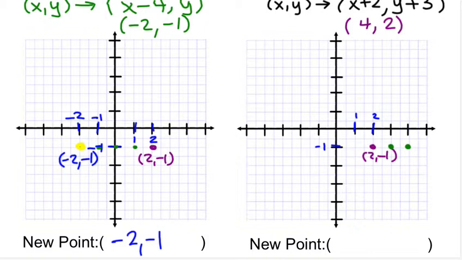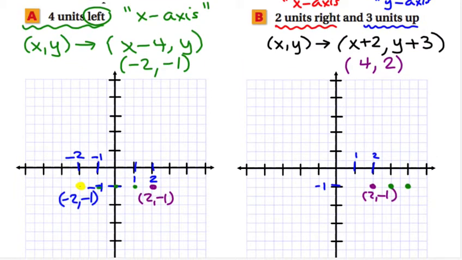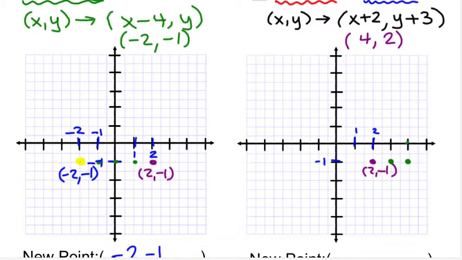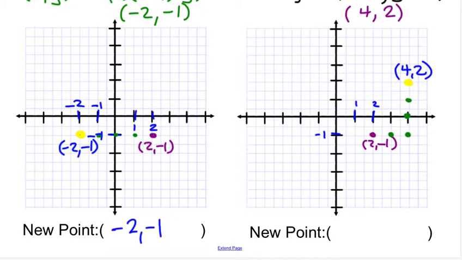And then we're going to go up 4 units. Sorry, 3 units. 1, 2, 3. Here's our finishing point. So what that point is called is 4, 2. That takes care of our translations.